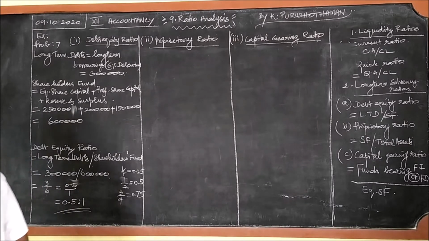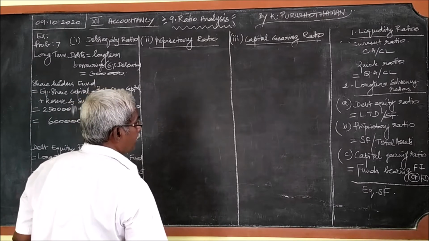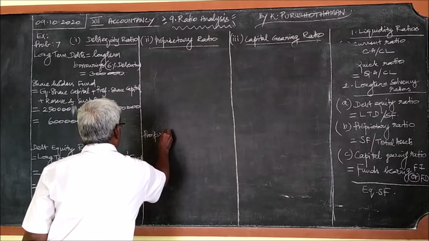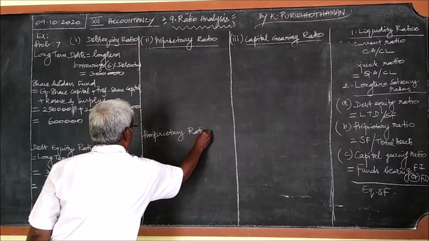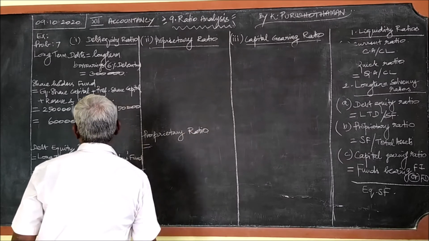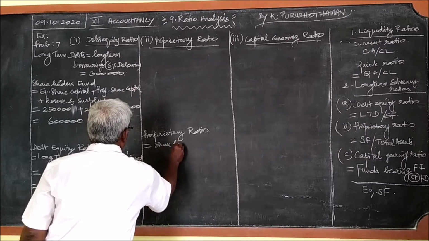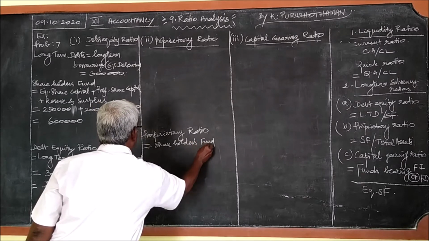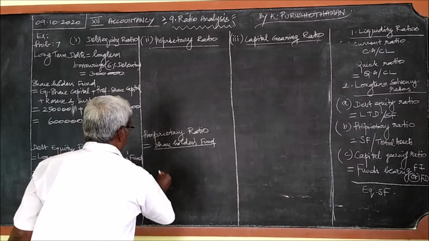Then regarding proprietary ratio, what is the formula for proprietary ratio? Proprietary ratio is equal to, the denominator becomes numerator, shareholders fund divided by total assets.